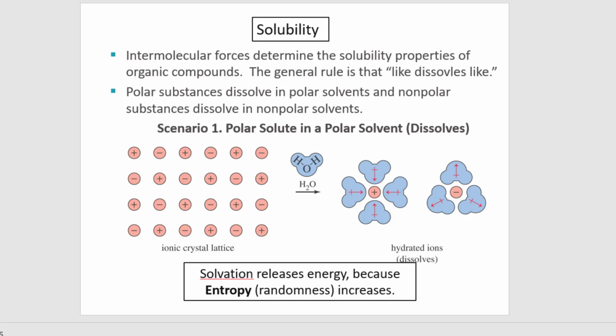Okay, and so in this scenario, we're looking at an ionic crystal lattice, something like NaCl, Na plus Cl minus. We're looking at an ionic salt. We know that salt dissolves in water. So ionic is about as polar as you can get. It doesn't get much more polar than one atom being positive formally and one atom being negative formally, right? So an ionic molecule is super polar.